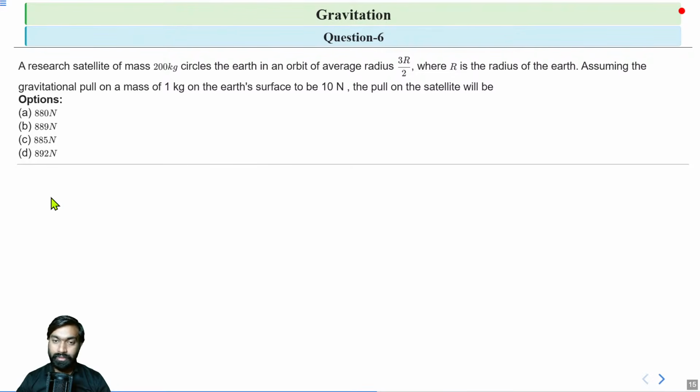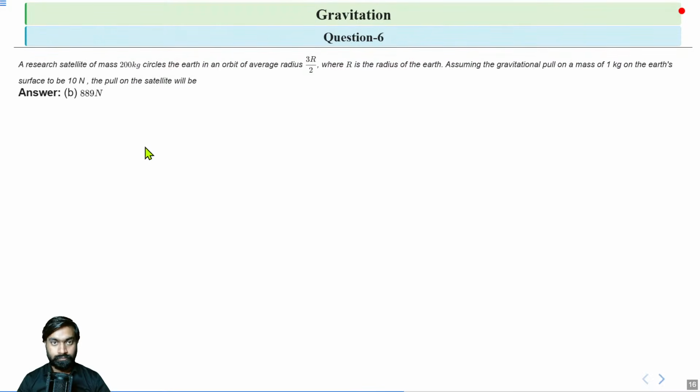So which option is correct? Please solve this question and tell me the answer. So the correct option is 889 Newton.